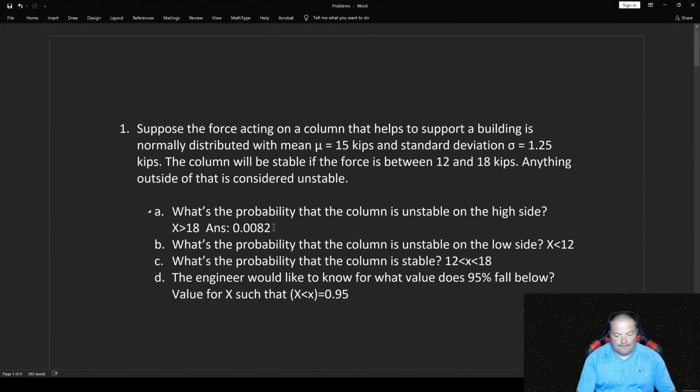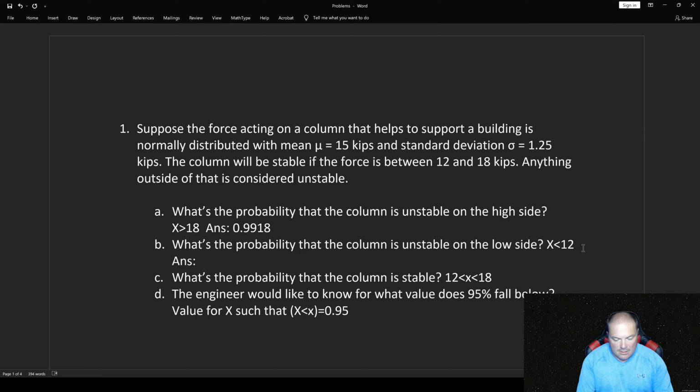And then here, this is actually 0.9918. This answer is 0.0082.